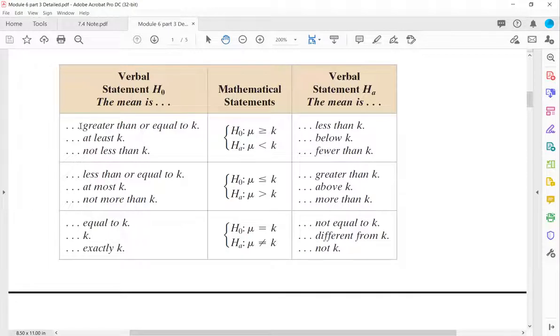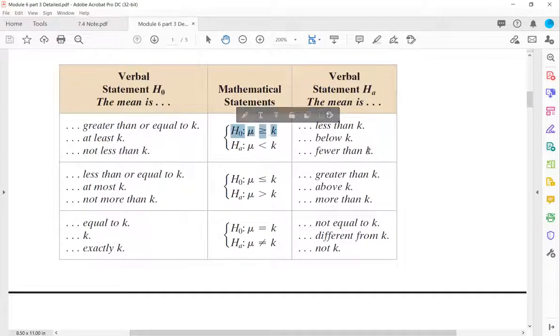If the keyword is greater than or equal to, it means that our null hypothesis is given. If the keyword is at least, the null hypothesis is given. Not less than is equivalent to our null hypothesis.